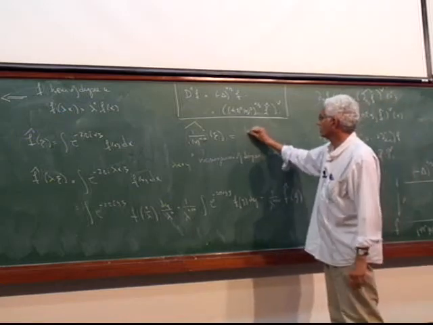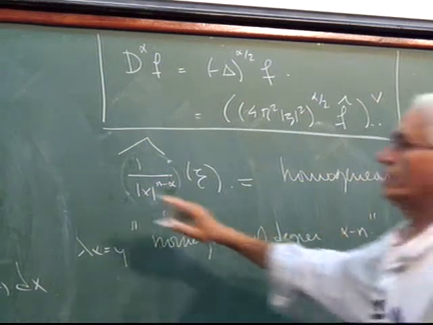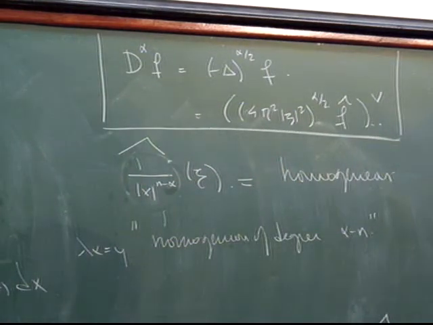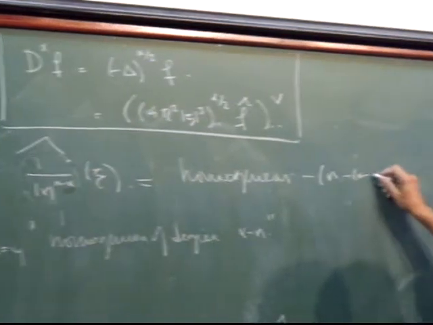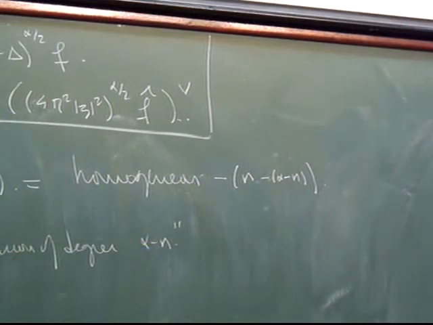Therefore, this one is homogeneous of degree minus n plus... No, I have something wrong, because at the end it has to disappear.